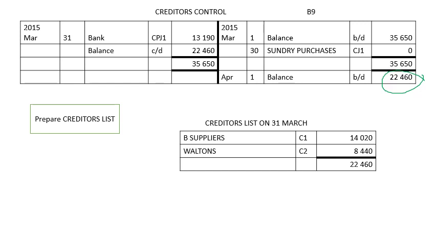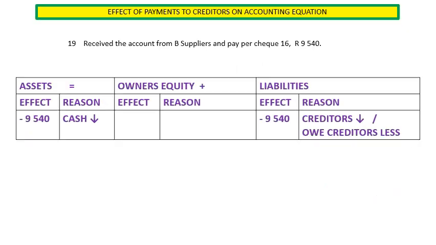If we add the list, 22,460 must be the same as the balance in the control account. As soon as you see the balance in the control equals the total of the list, you know your work is 100% right.